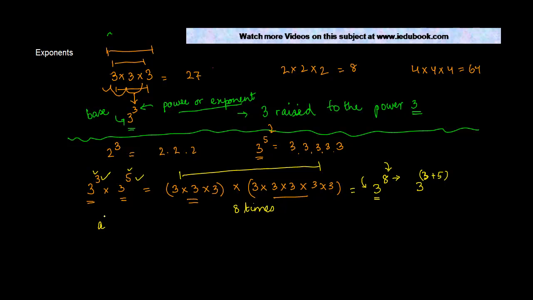So we generalize this by saying that for any number a, a to the power n into a to the power m can be written as a to the power n plus m. With the same base, you can add the powers.